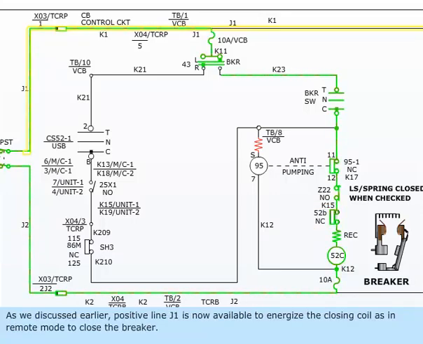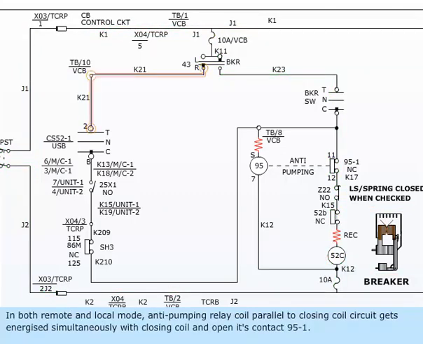As we discussed earlier, positive line J1 is now available to energize the closing coil as in remote mode to close the breaker. In both remote and local mode, the anti-pumping relay coil parallel to the closing coil circuit gets energized simultaneously with the closing coil and opens its contact 95-1.